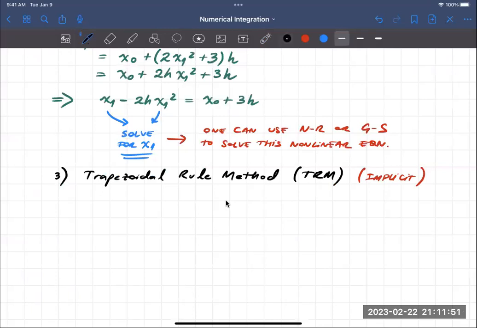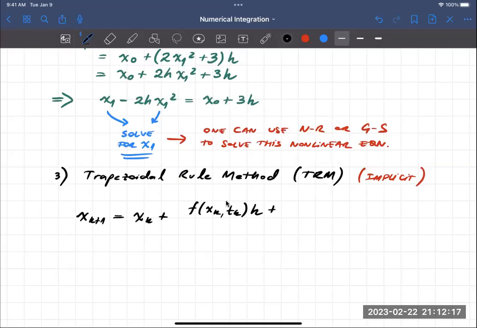So our x of k plus 1 in this case is going to be x of k plus, let's say we're going to put it this way, f of x k, t k times h. That would be the forward Euler method.